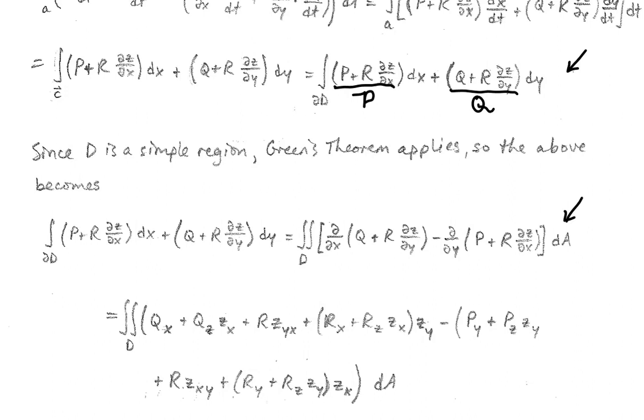So we get q sub x plus q sub z times z sub x. And then we get r times z sub yx plus, and now again when we differentiate r with respect to x, we are doing another chain rule there. So we get r sub x plus r sub z times z sub x, that whole thing times z sub y.